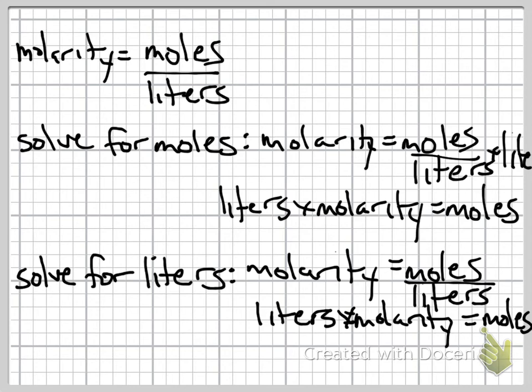Now, in this case, we're going to need to divide both sides by molarity to get liters. So, the number of liters that we can make from a certain number of moles, if we want a certain molarity, is going to be the number of moles of that solute divided by the molarity of the solution that we're looking for. So with that, you should be able to solve for any of these quantities as long as you know the other two.